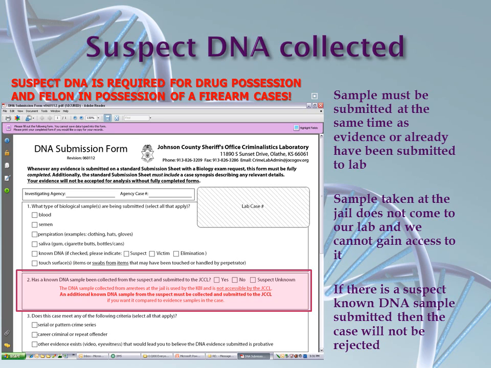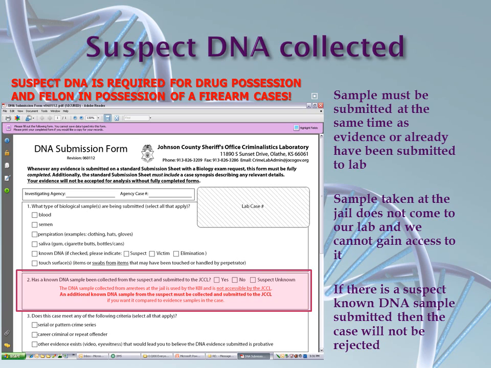So if you want a suspect compared to the evidence, we will need a new DNA sample collected from that suspect for comparison. Also, something to keep in mind is that any case that is a drug possession or a felon in possession of a firearm case, so any case where somebody had possession of an item, those samples cannot be put into CODIS, and therefore we must have a suspect known to work those cases.